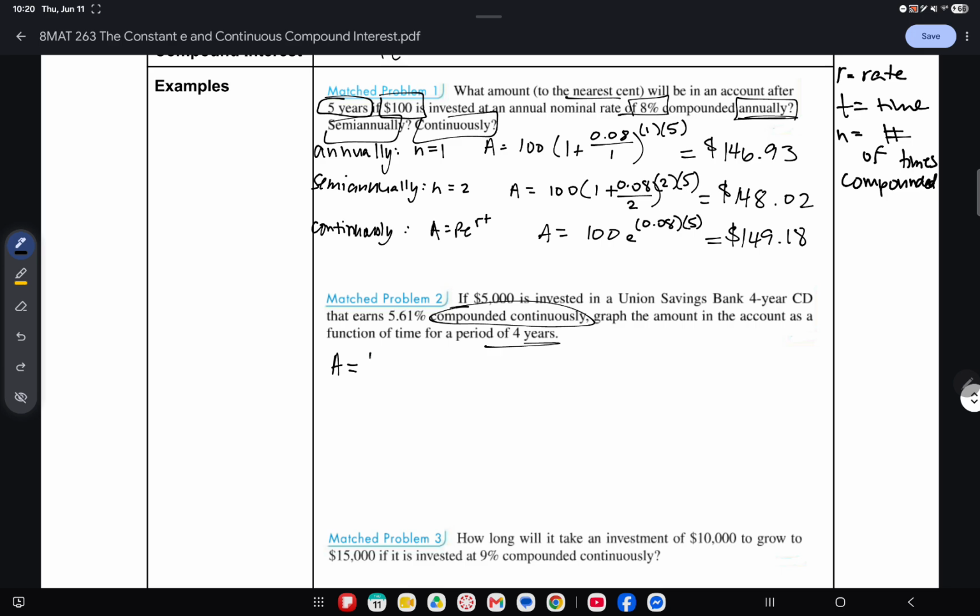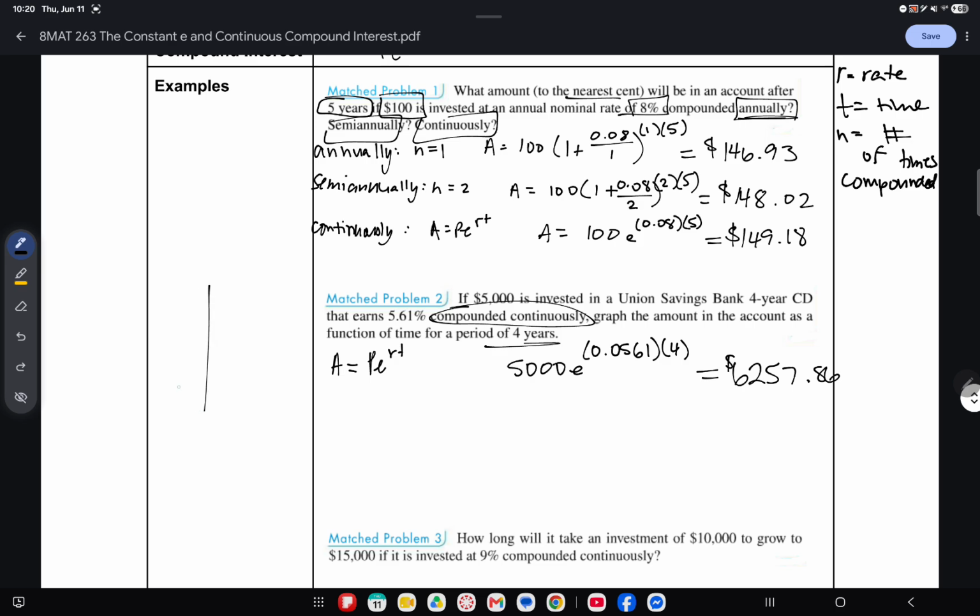So compounded continuously is P e to the RT. So the initial amount was that 5,000. The rate as a decimal is 0.0561, and the time is 4 years. If I plug that in, I get $6,257.86.